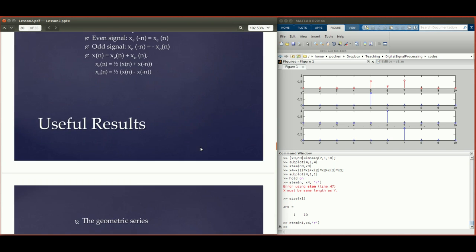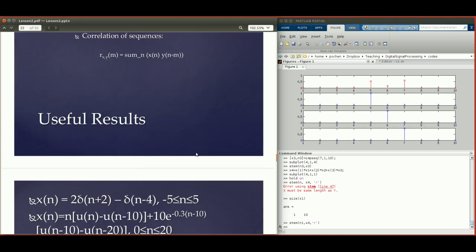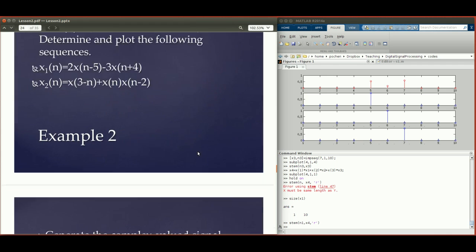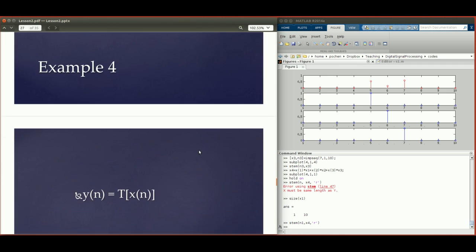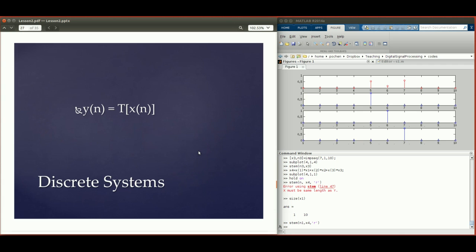Now let's look at the second thing that we have to pay attention to. That's the concept of a linear time invariant system. So what exactly is a discrete system, right? Or what exactly is the system?